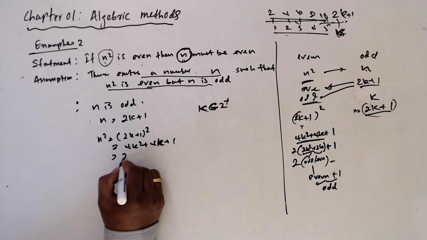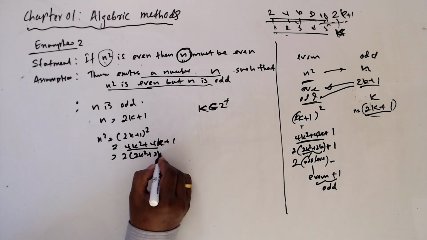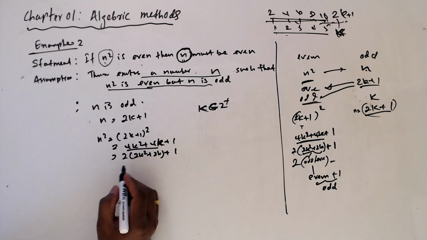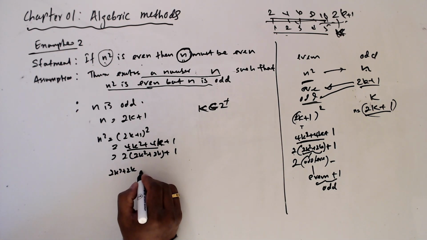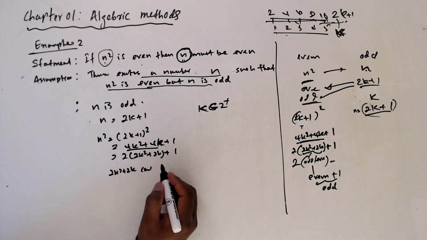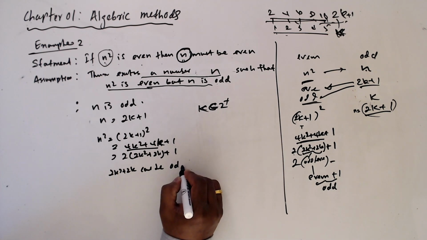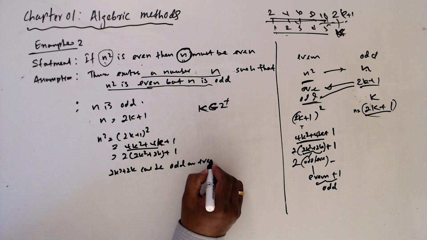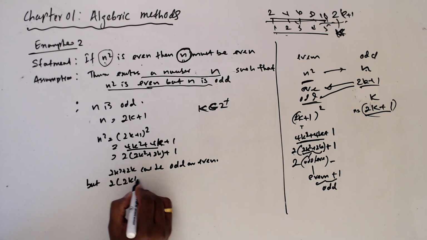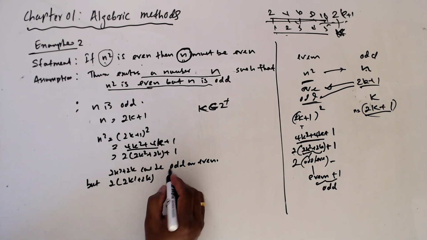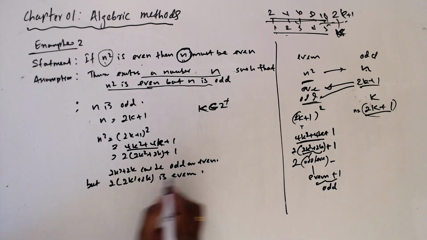Taking 2 out, this is 2 times 2k square plus 2k, plus 1. 2k square plus 2k can be odd or even, but 2 times 2k square plus 2k is even.